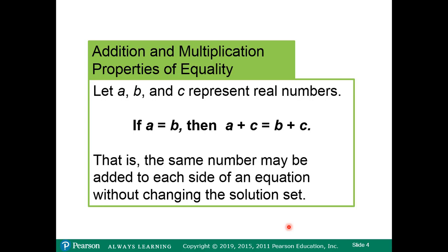Here are some properties: the addition and multiplication properties of equality. Let A, B, and C represent any real numbers. If A is equal to B, then if we add C to both sides of the equation, the resulting equation is still true.